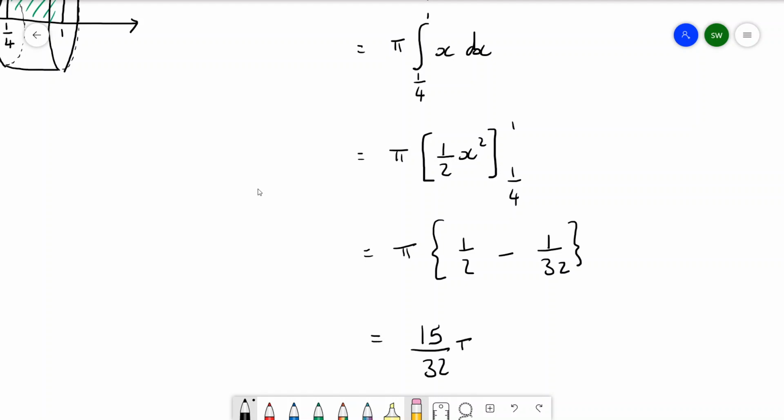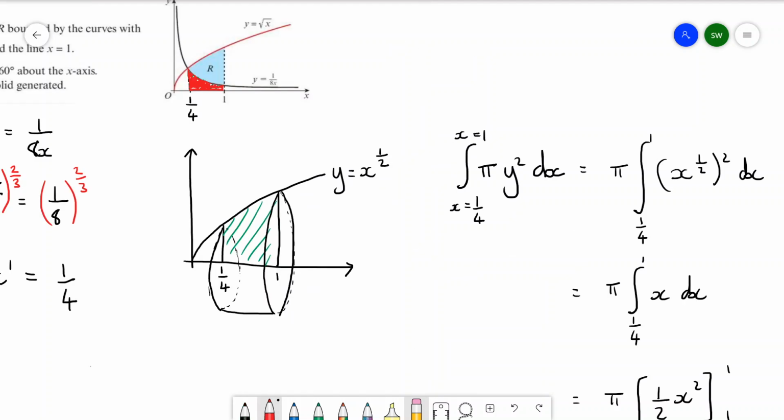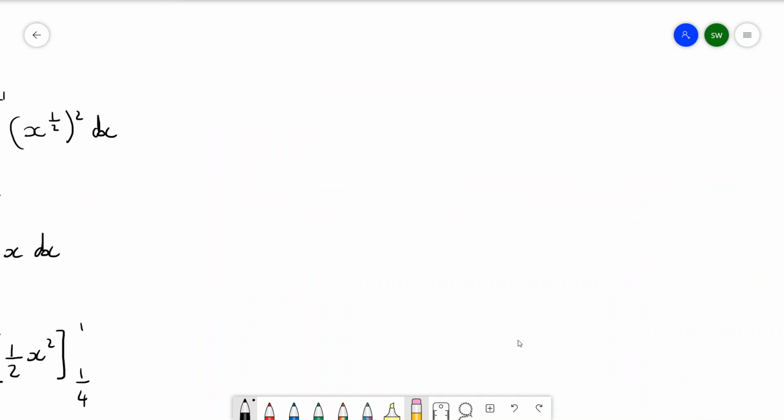So next we need to work out what volume we get if we rotate this red area up here around the x-axis, and we need to subtract that volume from the volume that we got before. So in a way, we're imagining rotating this red area here around the x-axis, and we're going to subtract that, and it's going to hollow out that shape that we made and make a ring shape. So let's draw a little sketch.